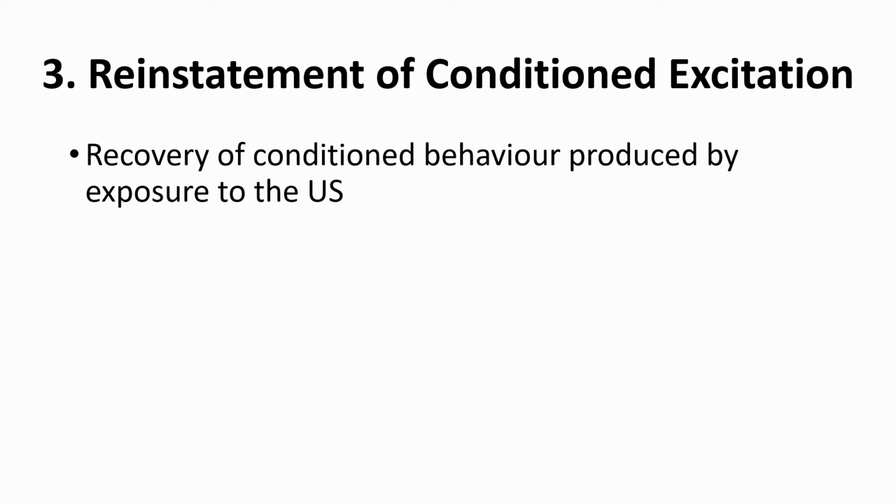So the next time that she goes somewhere that has a dog, that conditioned stimulus, she's probably going to be afraid. So that conditioned behavior of showing fear will recover and reoccur because she was exposed to that unconditioned stimulus.